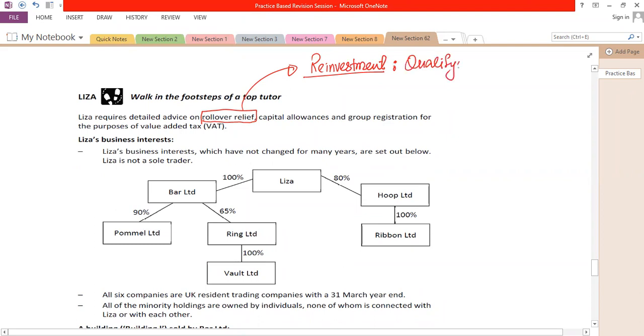The qualifying asset. What is a qualifying asset for a corporation? Can anyone tell me? For an individual, there are 3 qualifying items: the land and building, the fixed plant and machinery, and the third thing is goodwill. And what about a corporation? Any idea? What is a qualifying asset?